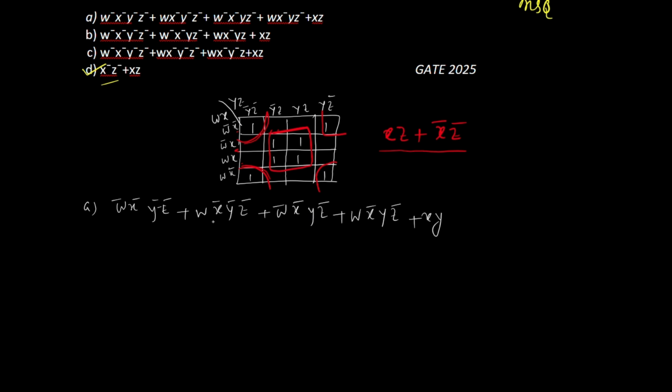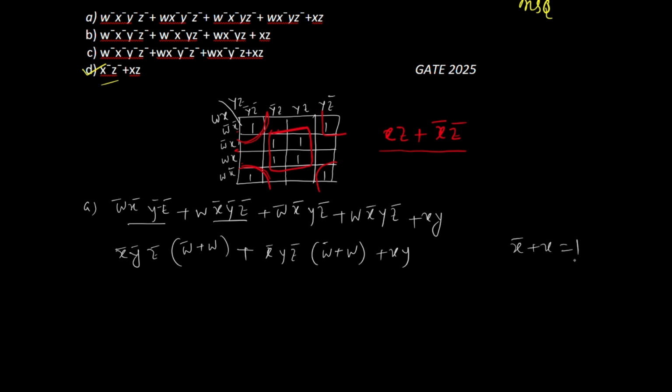So from here, W bar plus W is 1. From here x bar y z bar is common. So x bar y z bar into W bar plus W. So basically we know that x bar plus x is equal to 1. So these and these become 1. So we get x bar y bar z bar plus x bar y z bar plus x z.